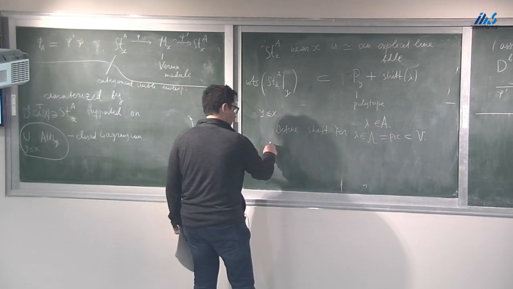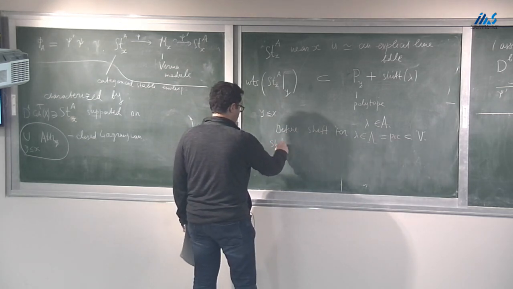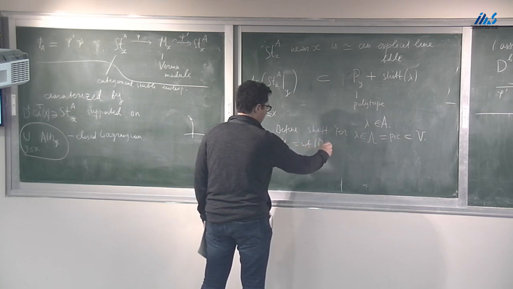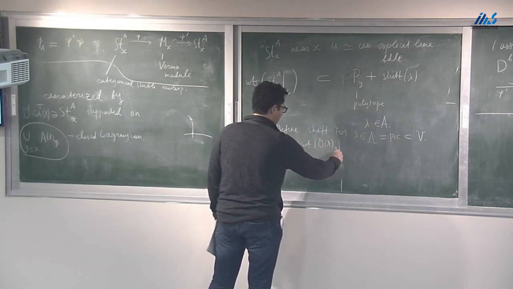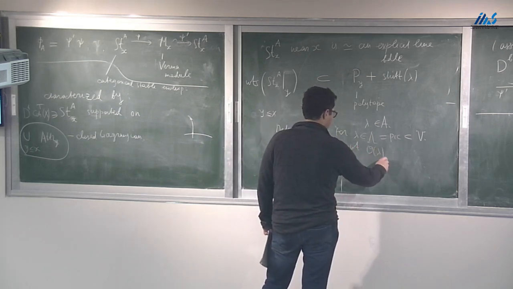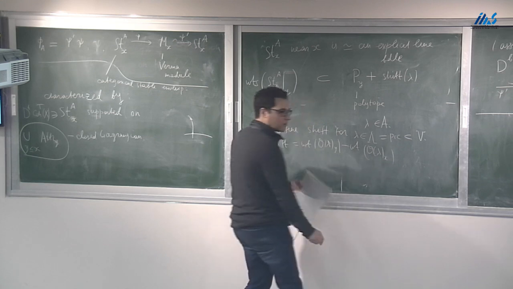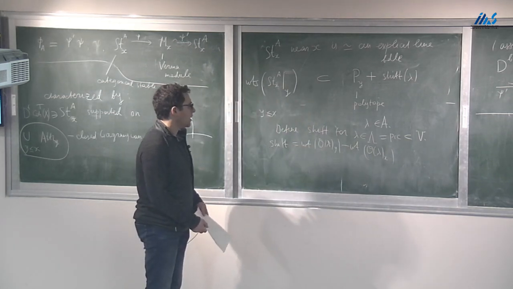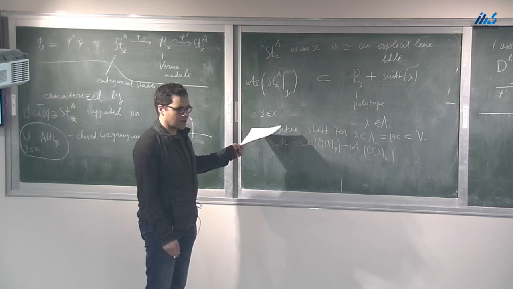So the shift is equal to the weight of lambda at y minus the weight of lambda at x, and then you extend by linearity.